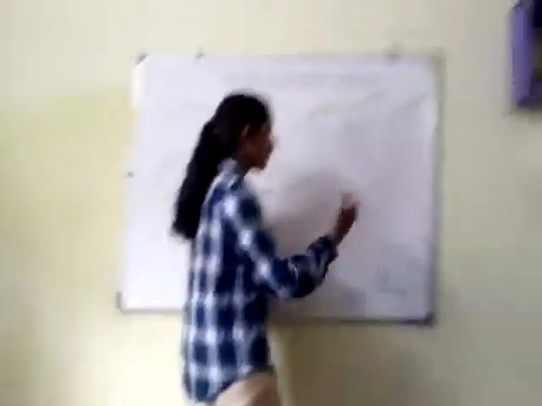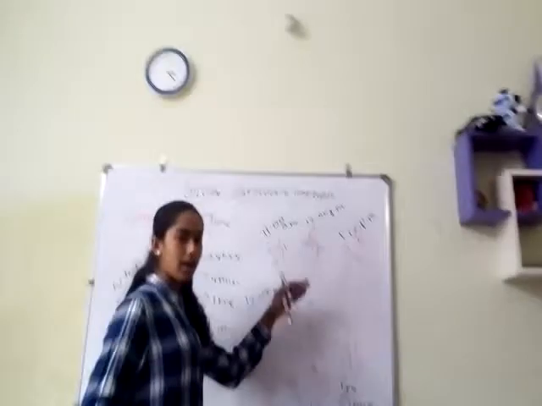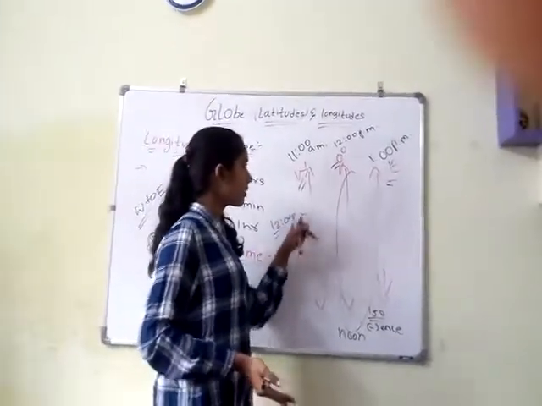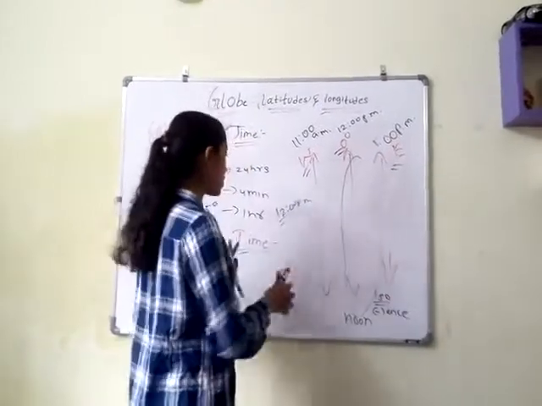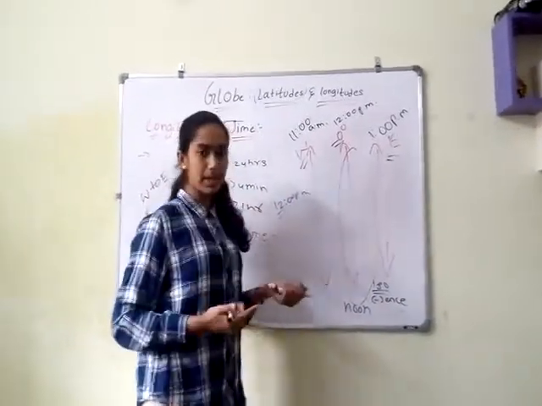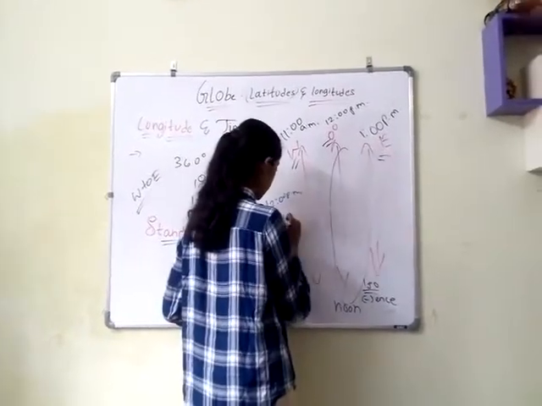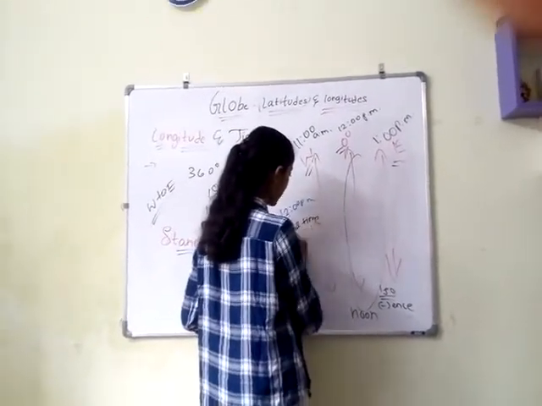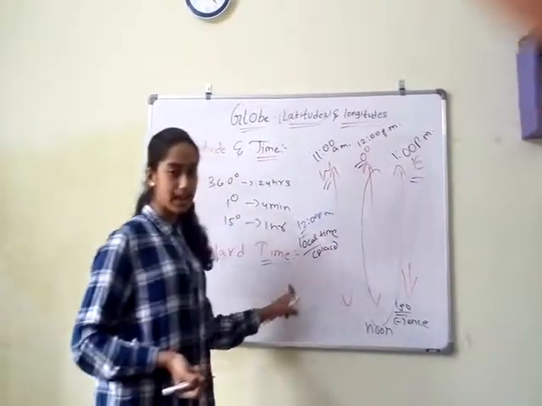In that diagram, towards the east we are having plus 1 hour, plus 2, plus 3, like that. Towards the west we will have minus, that is behind the time. A clock can be set to 12 p.m. at any place, which will give the local time of that place. Now, let's discuss standard time.